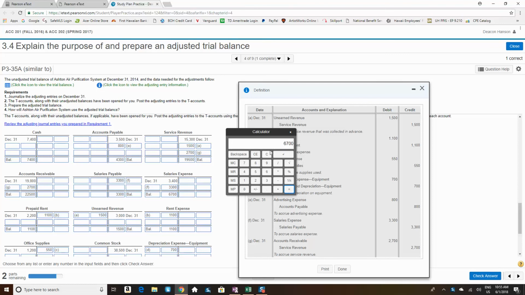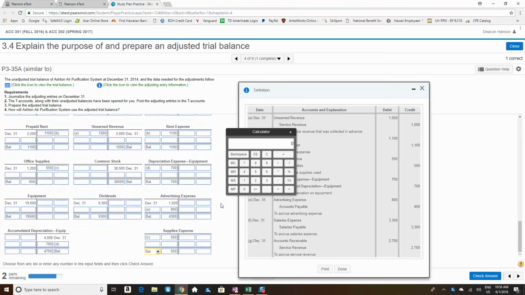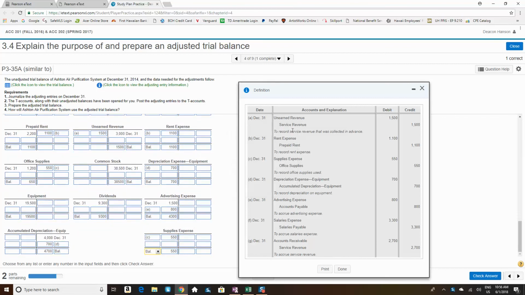Okay, 67. Going down the list, prepaid rent. There's a $1,100 credit in entry B. That's fine. And then your balance would be the difference, 2,200 minus 1,100.